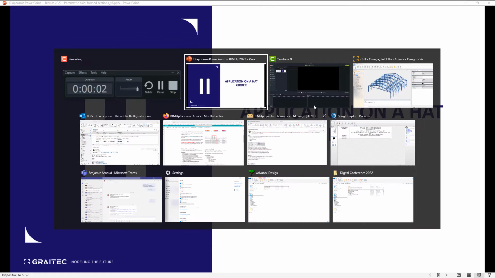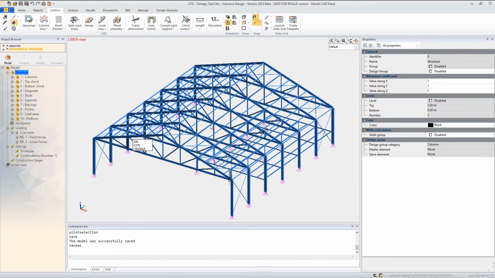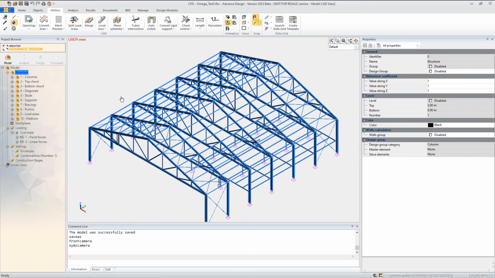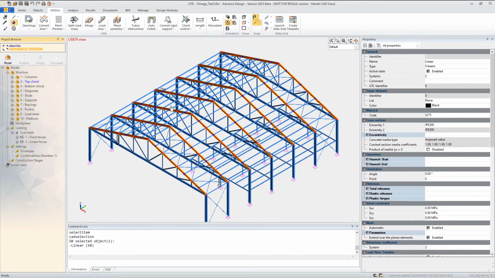Alright, so this is the structure we will be working on. As you can see, it involves a lattice girder, and what I will do is turn the top chord of this lattice girder into a cold-formed section.